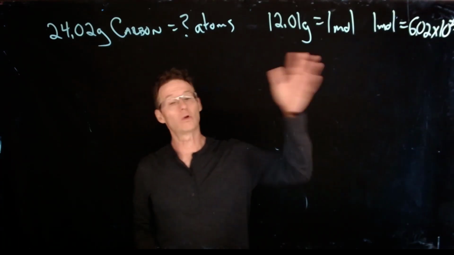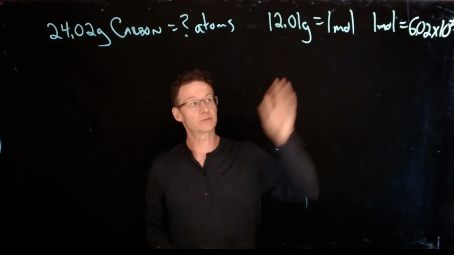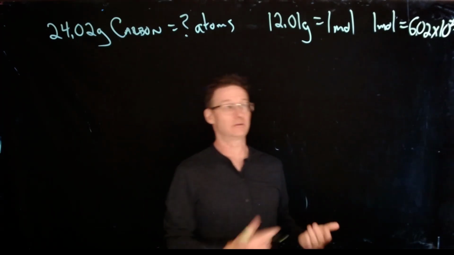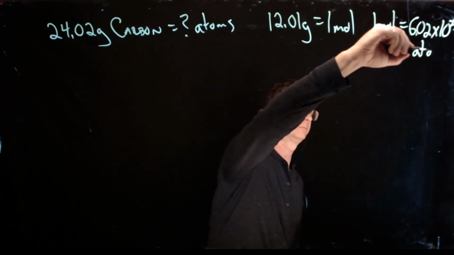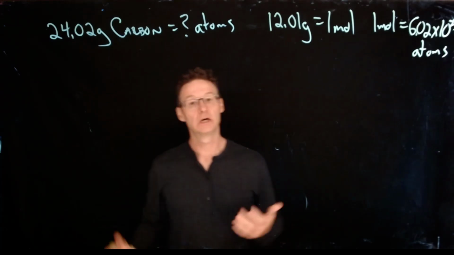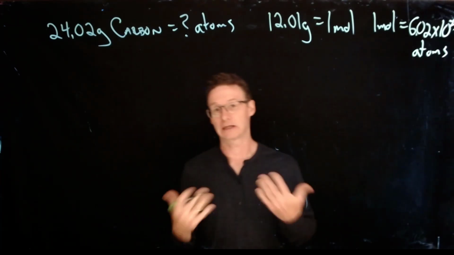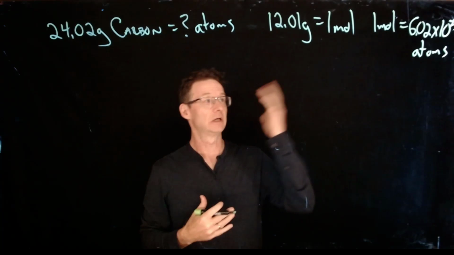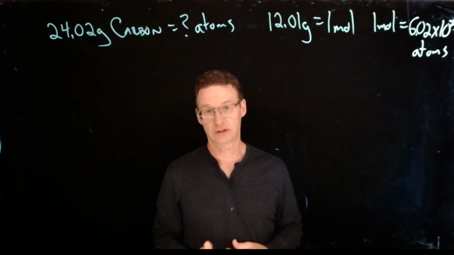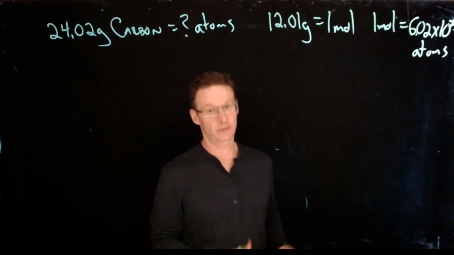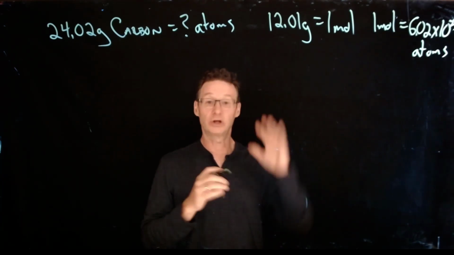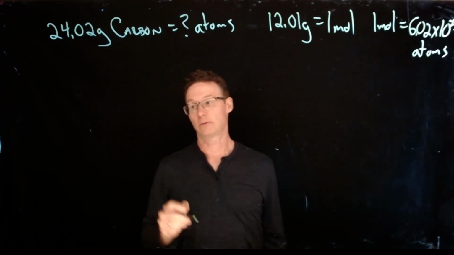Okay, so 1 mole of any element equals 6.02 times 10 to the 23rd atoms of that element. And that could be molecules. The term mole is just a number, like a dozen. It means a specific number of things. In this case, that number is 6.02 times 10 to the 23rd. Again, that's a topic for another video. But we're going to use that as a conversion factor in this problem.